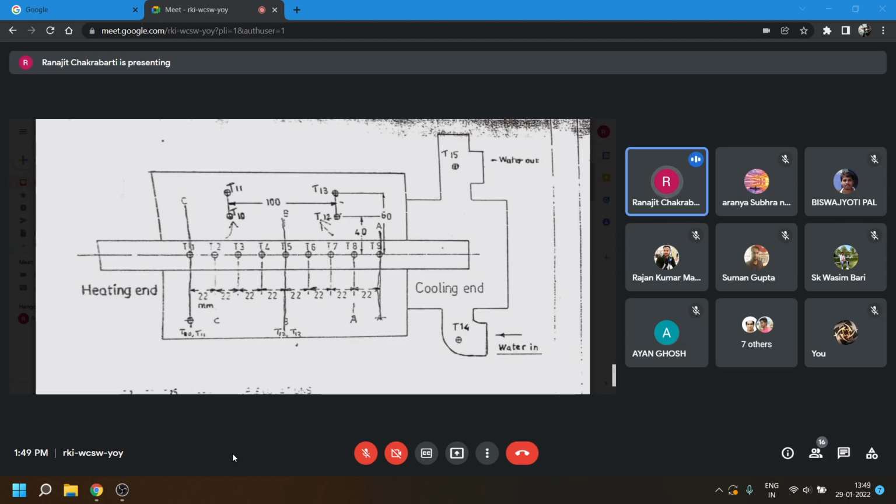Whatever heat is lost from this point to this point, that is section BB to section A, along the length L, we consider as length L. Whatever heat is lost in the radial direction, that we can calculate. That heat loss is through the insulating powder, mind that, not inside the rod.